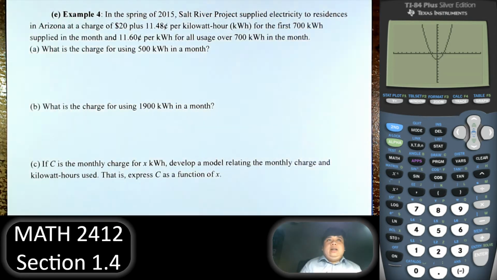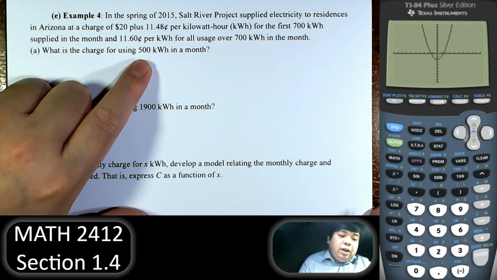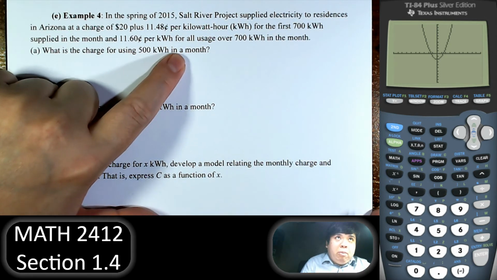So how does that work? What is the charge for using 500 kilowatt hours per month?